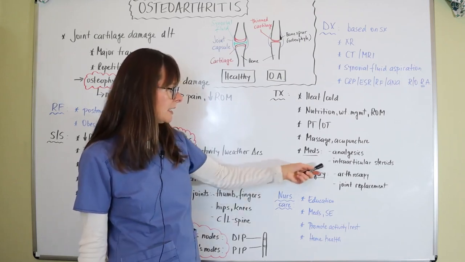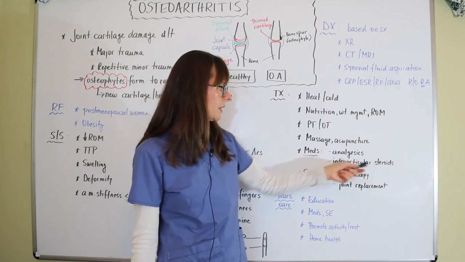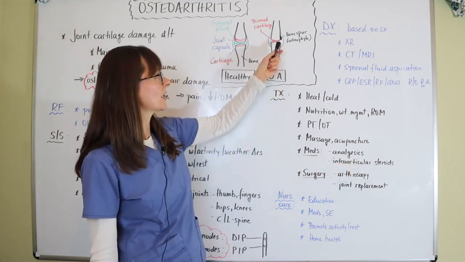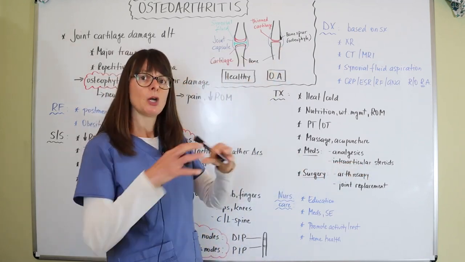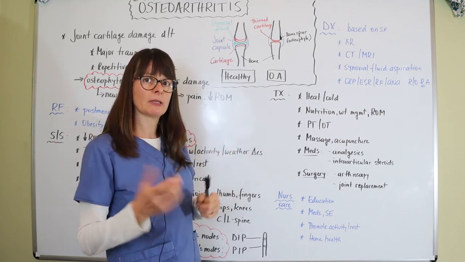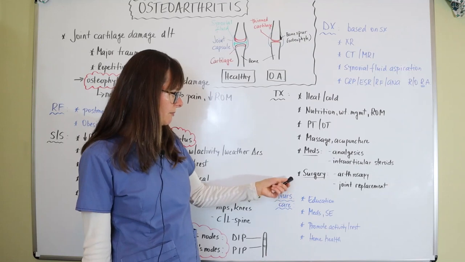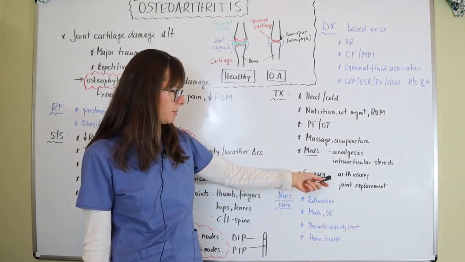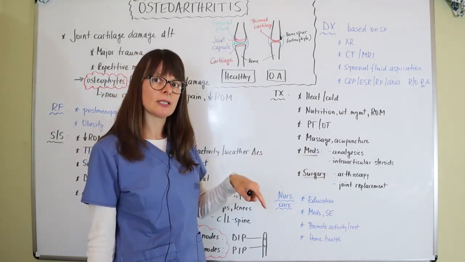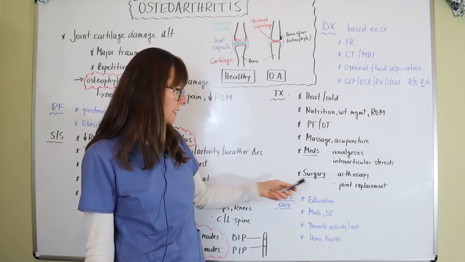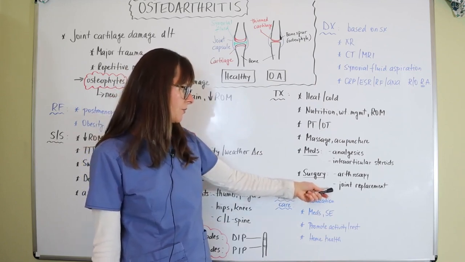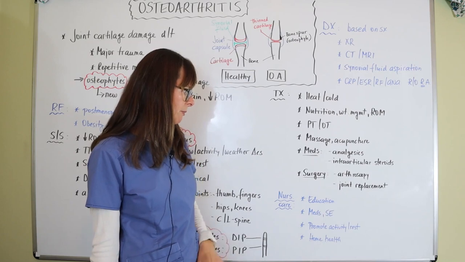And then sometimes intra-articular steroids, so steroid injections directly into that joint, can help reduce any inflammation there, but that's usually temporary. If all that fails, surgery can be recommended, so arthroscopy to get in there, clean out and debride the joint, and if it's really severe, joint replacement can be helpful.